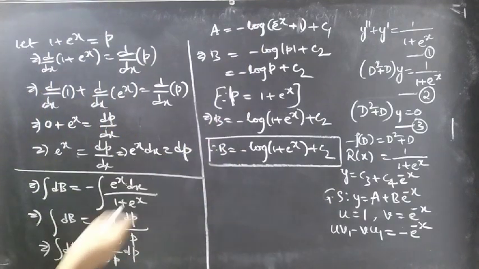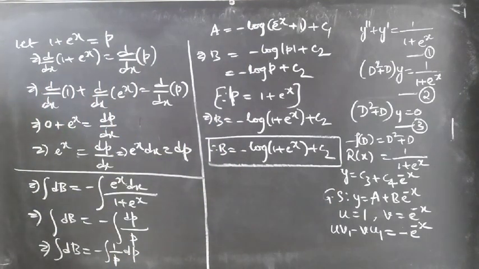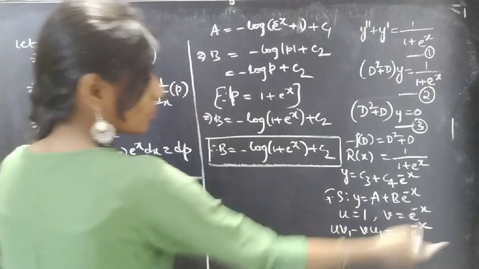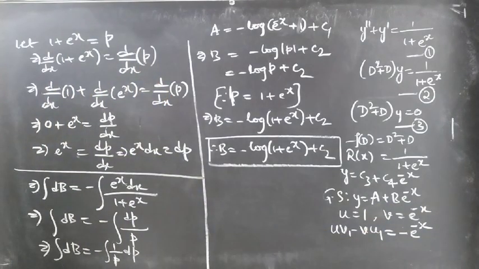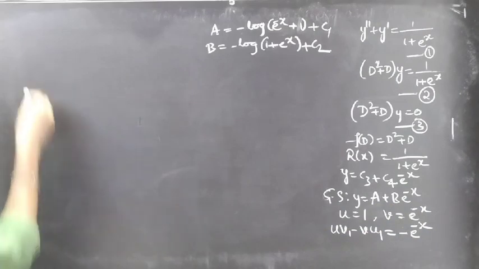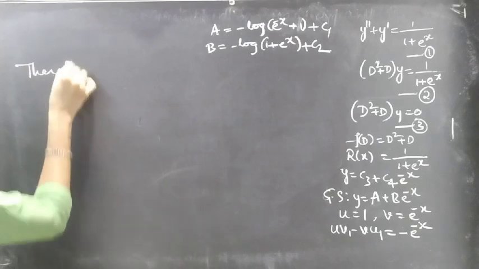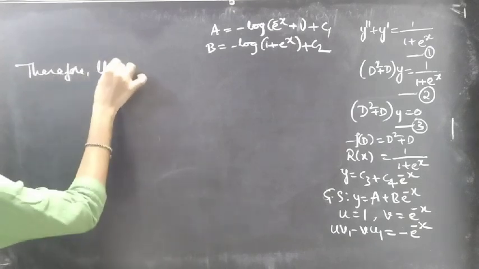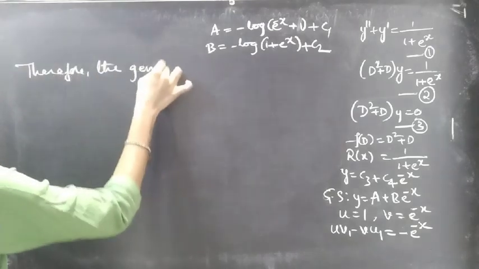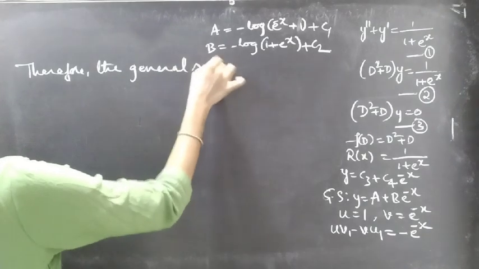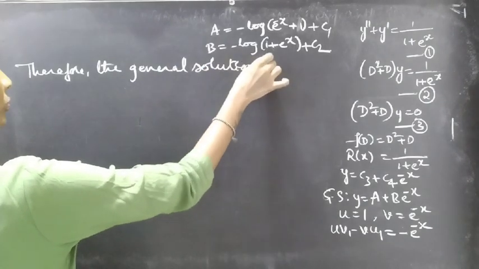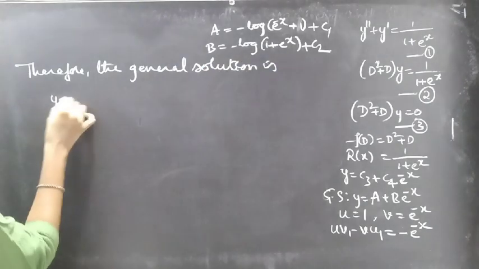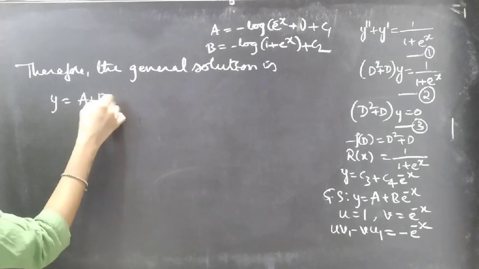We got a and b. Let's now write the general solution using y equals to a plus b e power minus x. Therefore, the general solution is given by y equal to a plus b e power minus x.